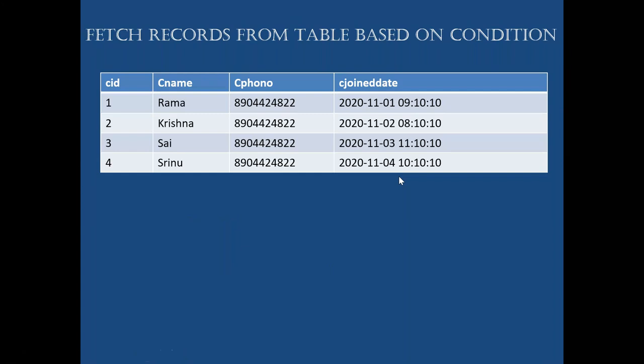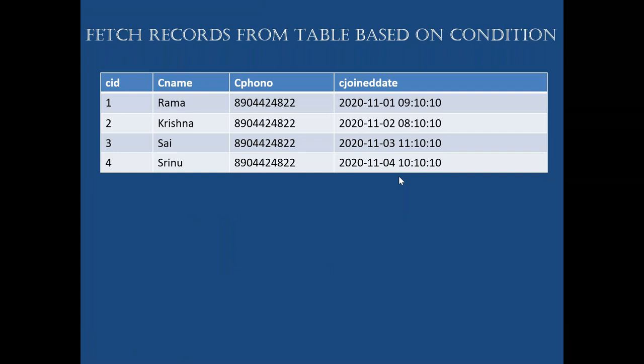Now let's talk about this. If I say select star from table, this is a customer table. If I say select star from table, how many records will return? All the records.